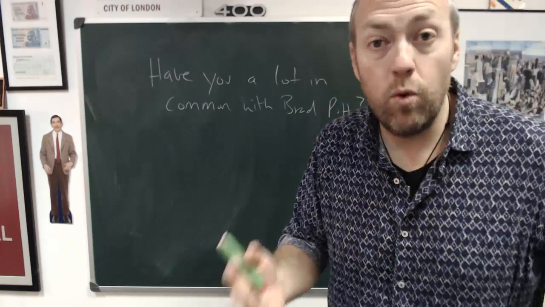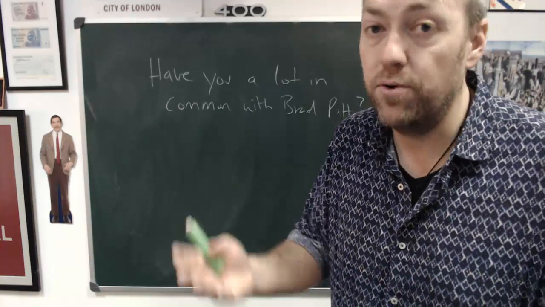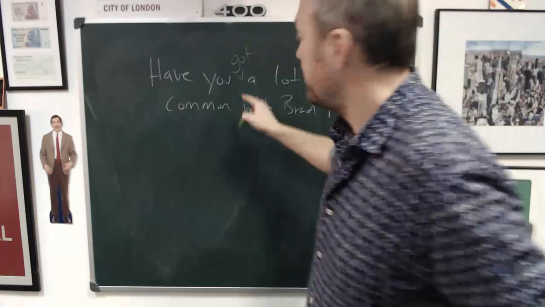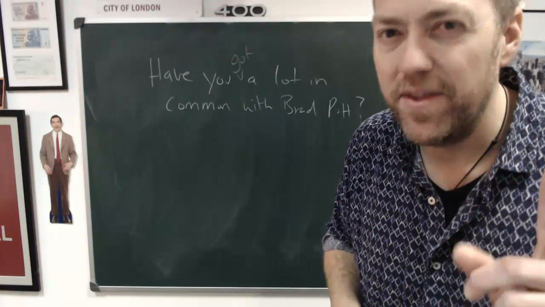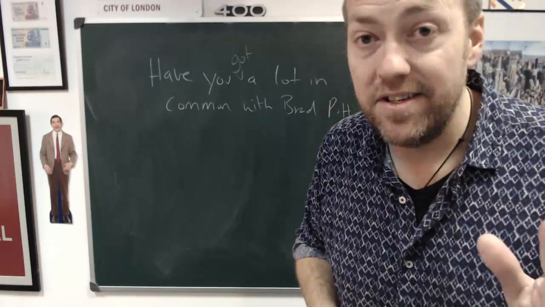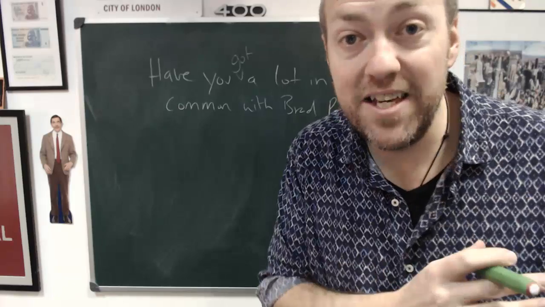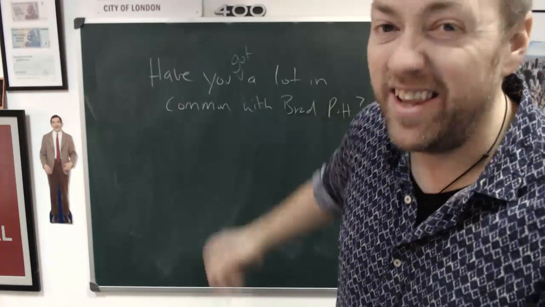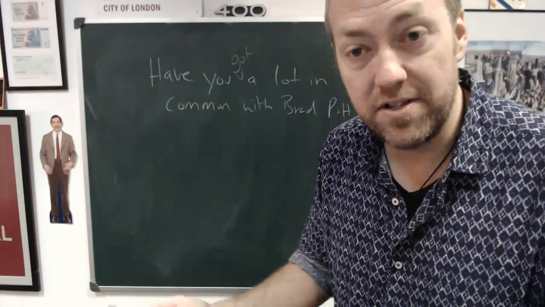Or if we want to use the verb have got, we need to put the got. Have you got? This is in modern English. But in the past, in the recent past, like 50 years ago, people would use the verb have like this. It wasn't necessary to put got, okay?